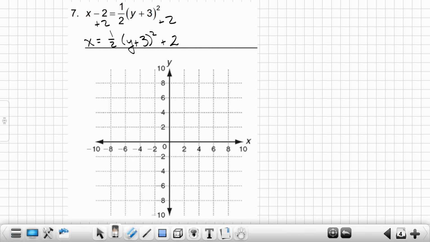Okay, Alexa, go ahead. All right, guys. So first of all, is it sideways or is it horizontal or vertical? Horizontal. It's x equals. Where is my vertex?